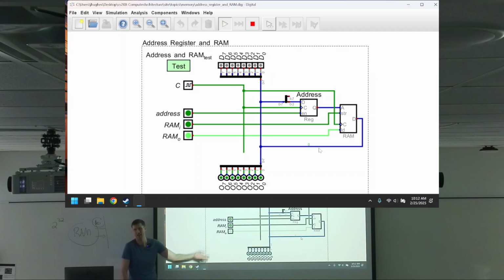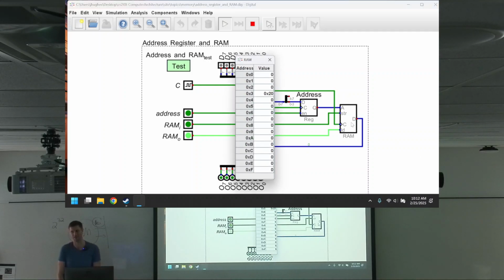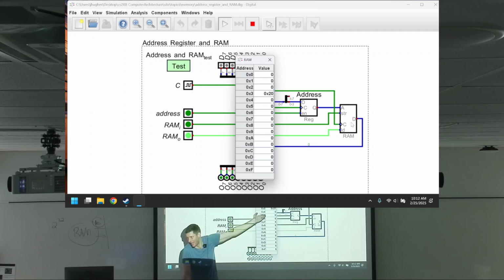Now here, if I right-click this, actually we can see what's in RAM, which is kind of nice. So we can see what values are there. It starts all at zeros. Now if you're looking at this being like, that's not a 0, yeah, we just changed that to 32, right? So yeah, there we go, cool.